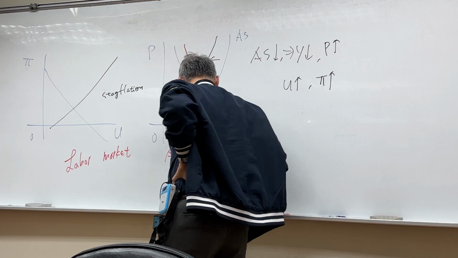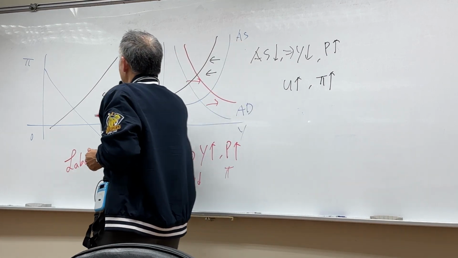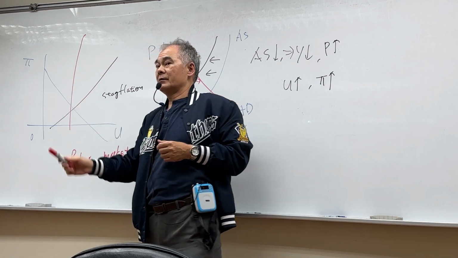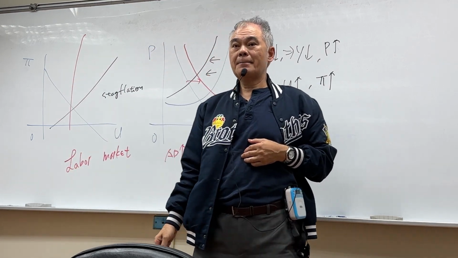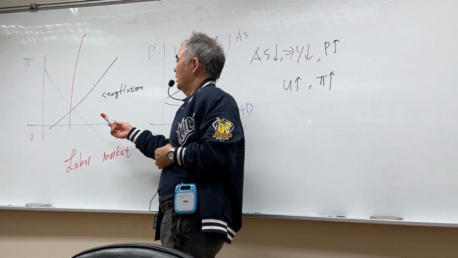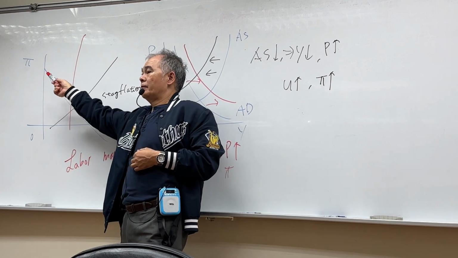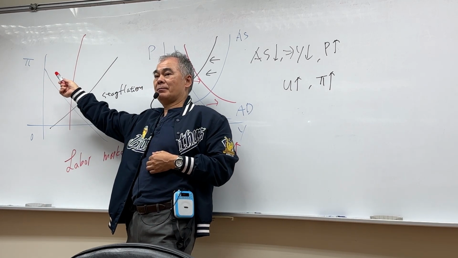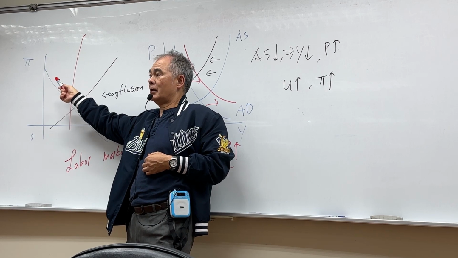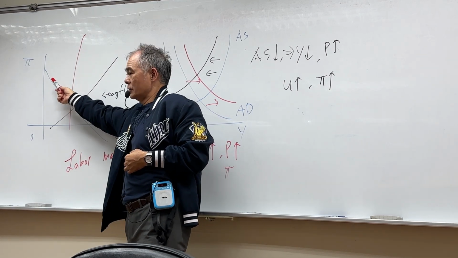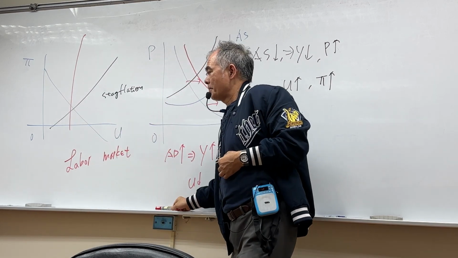So in the long run, the Phillips curve looks like this. It's a vertical line, because the unemployment rate has nothing to do with inflation, and inflation is solely determined by money supply, monetary policy. This is the long run Phillips curve, and this is the short run Phillips curve.